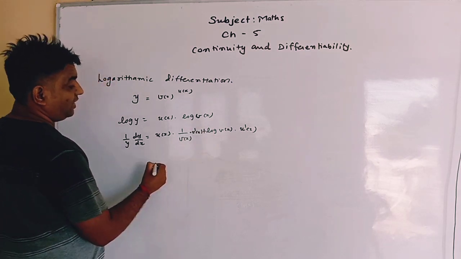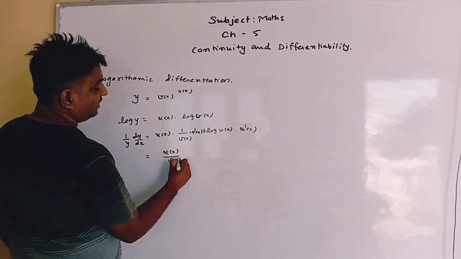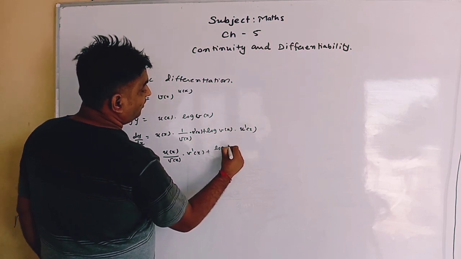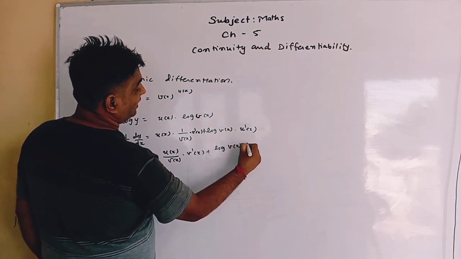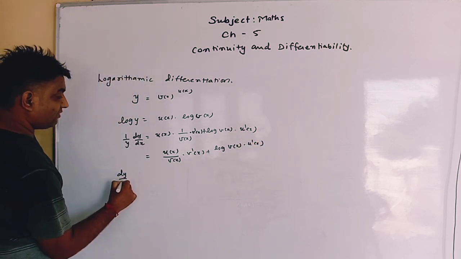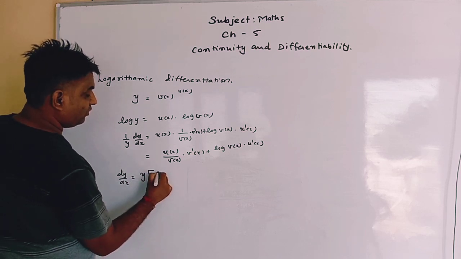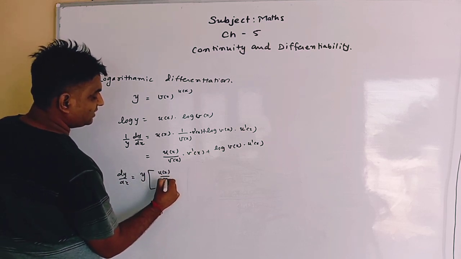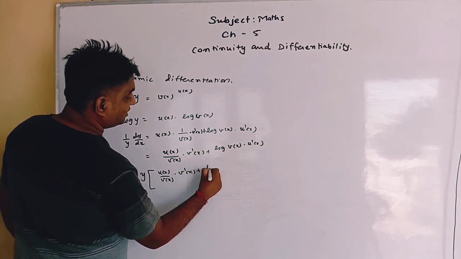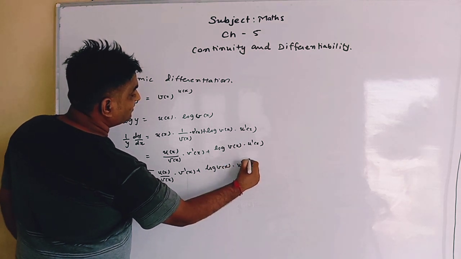So we can write u(x) by b(x) into b dash x plus log b(x) into u dash x. So dy by dx is equal to, final answer, y into u(x) by b(x) into b dash x plus log of b(x) into u dash x.